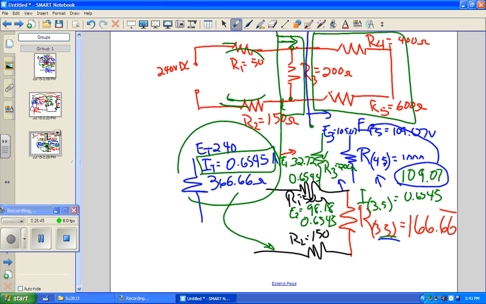Okay, so if we divide our 109.07 by our 200 ohms, what current would we get for this single resistor that's in parallel with everything to the right of it?